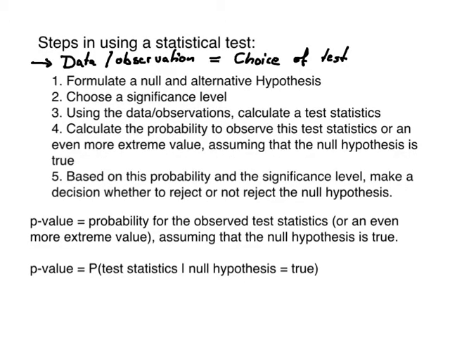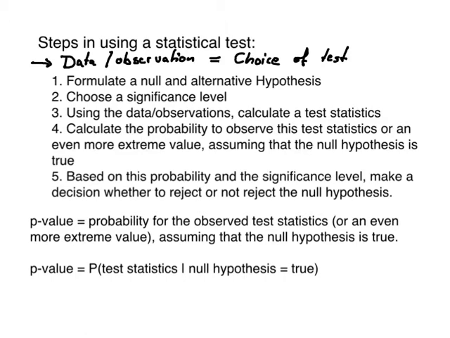So let's quickly revise what the steps are that we need to do when we use a statistical test. And it's very, very important in the first place that we choose the test depending on the data or the observations that we made. That is the crucial point. This dictates how we proceed.